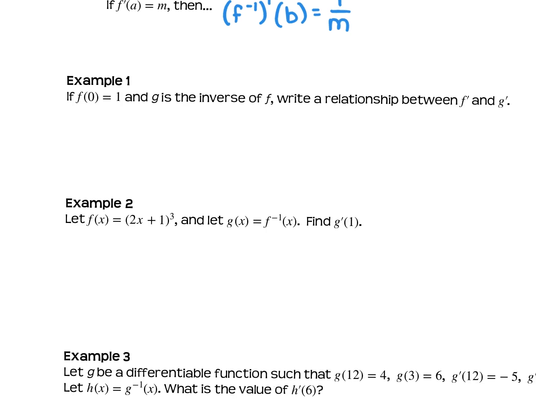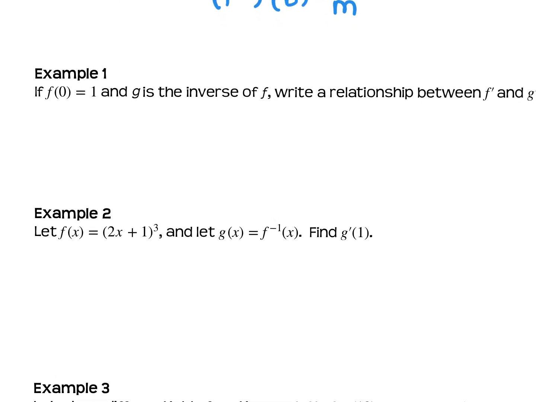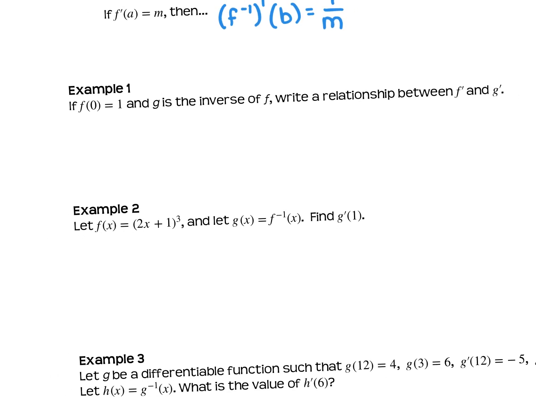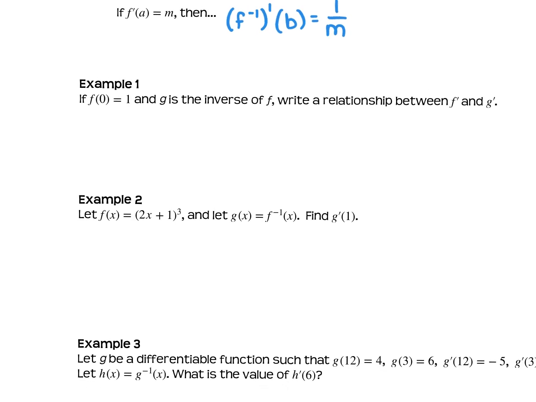If f of 0 is 1 and g is the inverse of f, write a relationship between f prime and g prime. And even this doesn't have a whole lot of real specific numbers to it. But if we know that f of 0 is 1, then we also know that g of 1 is equal to 0. That's how inverses work. That's using the fact that these two things are inverses.